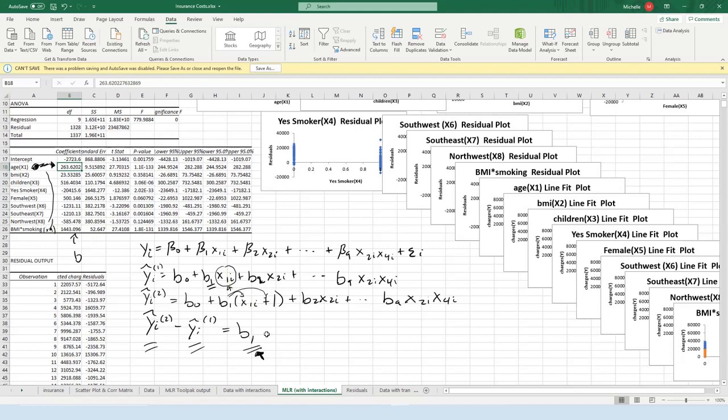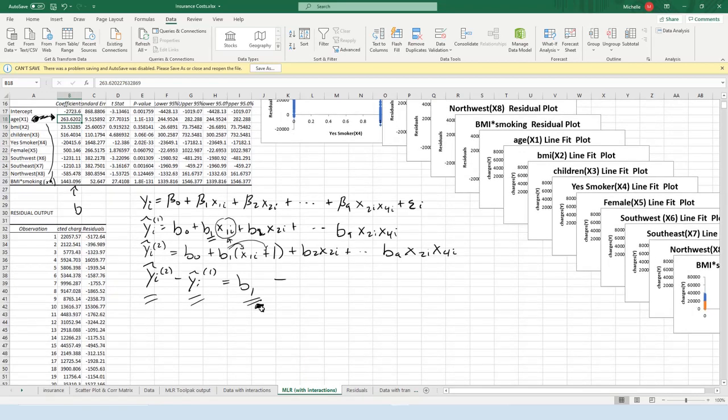Next, let's try to interpret an increase of 1 in BMI. But first, let me write this one out.